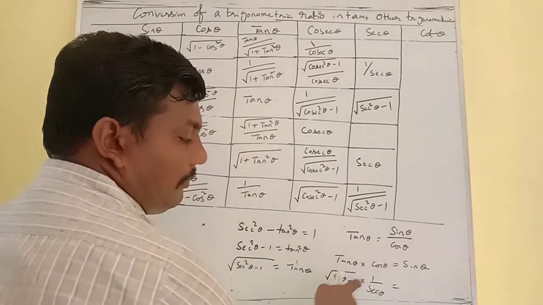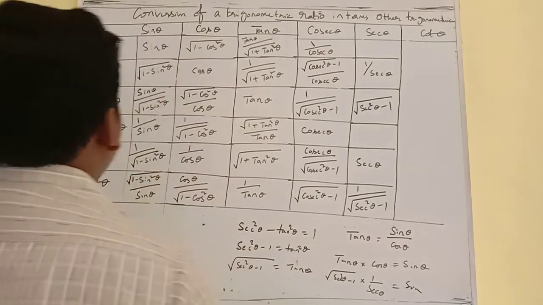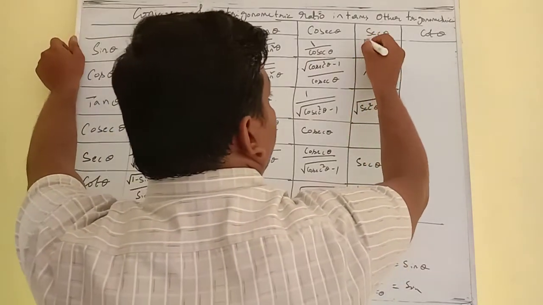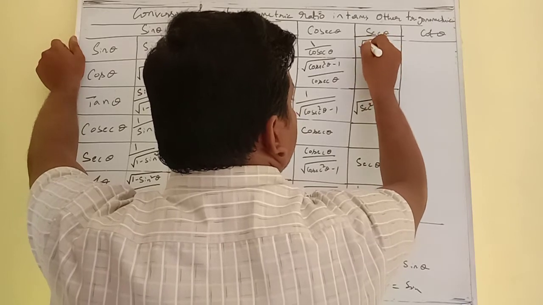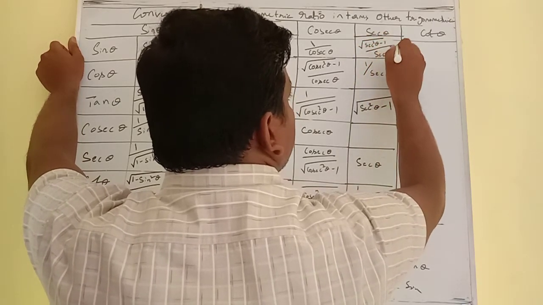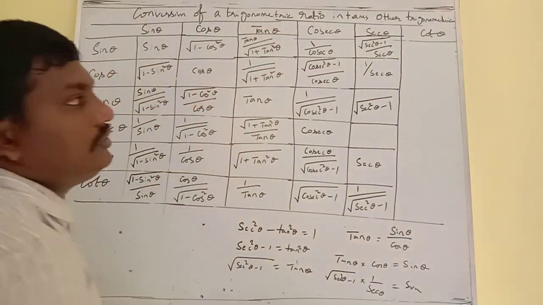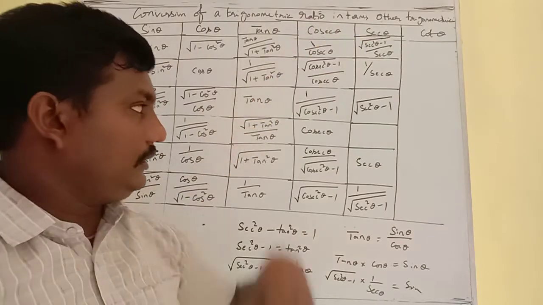So sin theta can be written as root of secant square theta minus 1 by secant theta, that is called sin theta.